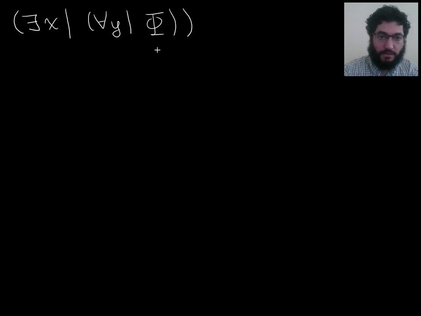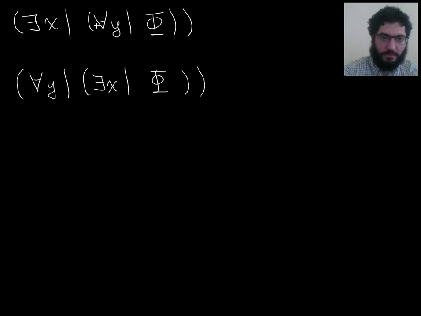So the first derived rule I want to look at has to do with the relationship between an existential quantifier followed by a universal quantifier, so an existential with a universal inside it, versus a universal with an existential inside it.